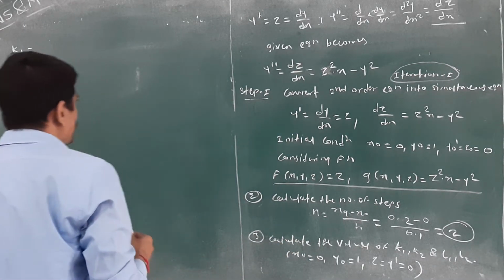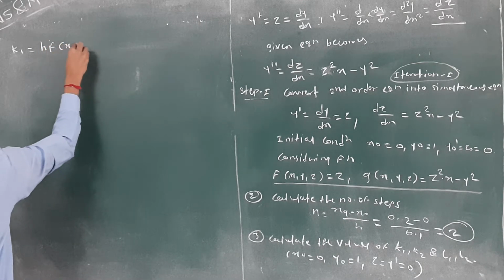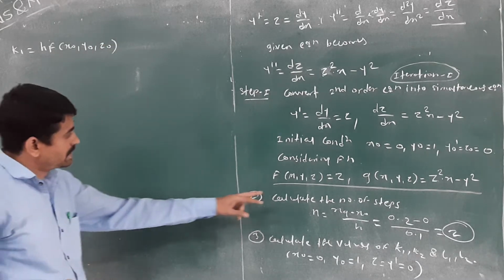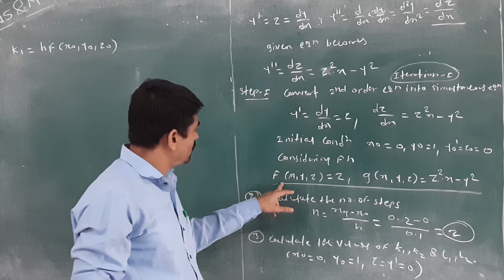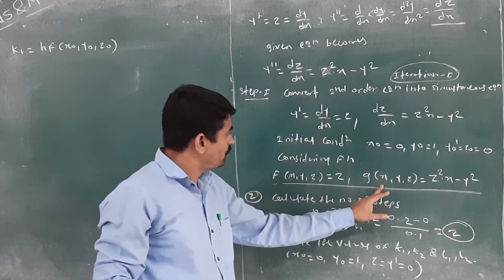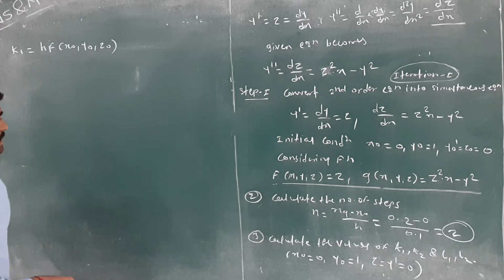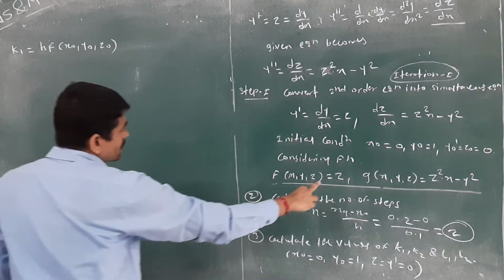Calculate the values of k1, k2, L1, L2. k1 is equal to hf of x0, y0, z0. In that first function, we use this function for k1 and k2, and for L1 and L2 we use the second function. The function f of x, y, z is equal to z, only z is available.